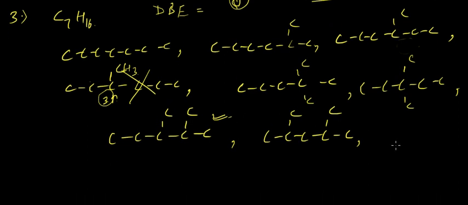So let's have 4 as a principal carbon chain. So this is the principal carbon chain, we cannot have one here, and here we have 3 more to add. So if we add one here, this carbon's valency is completed, cannot add anything more here, and one here.